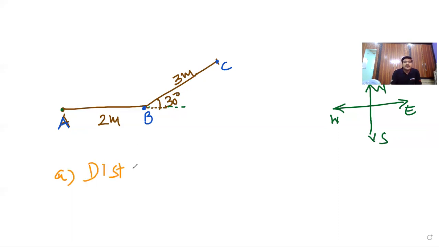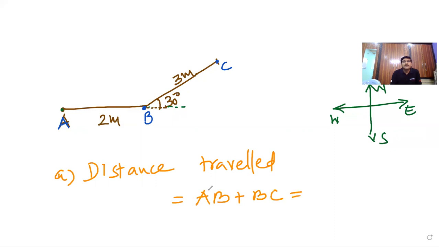What is distance traveled? Path length. Path length is AB plus BC. Simple, because distance is a scalar quantity, no direction, only path length, A to B, B to C. So 2 meters plus 3 meters, 5 meters is the distance. Clear?